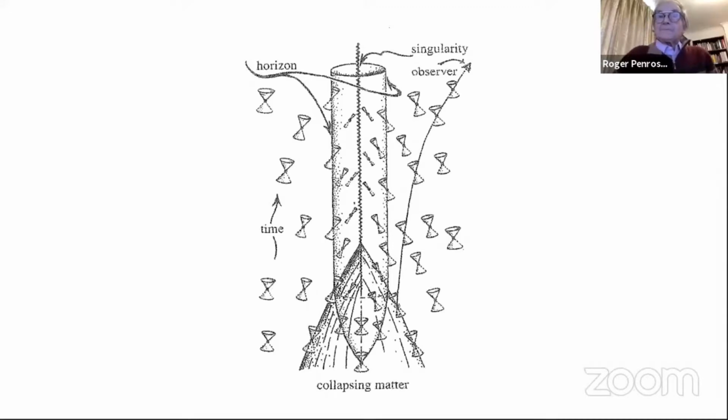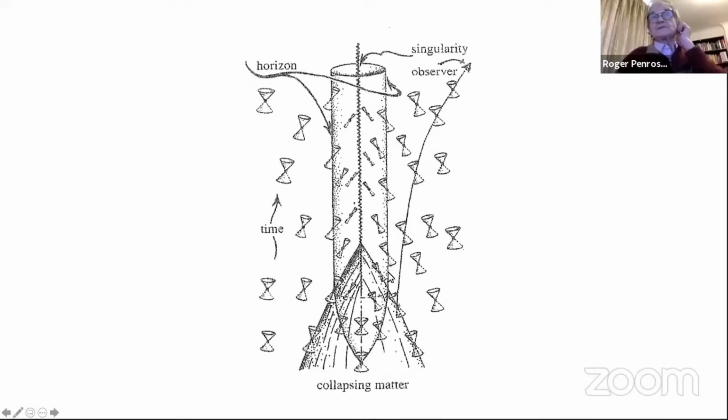And I remember becoming interested in it, particularly when I started a fellowship at St. John's College, Cambridge, and I attended a lecture given by David Finkelstein that Dennis Sciama had told me about. He was describing mainly what I'm using in this picture here, the upper part of the picture. You see this cylindrical thing which represents the history of the event horizon, which is really where the cones become tangent to this.